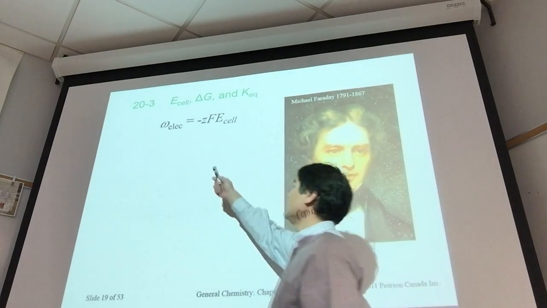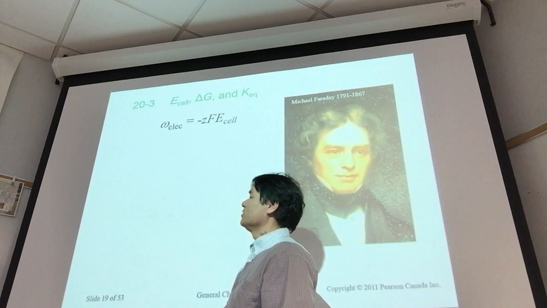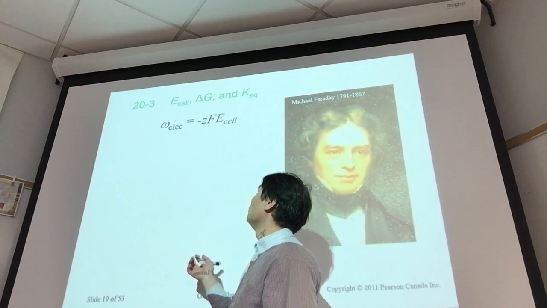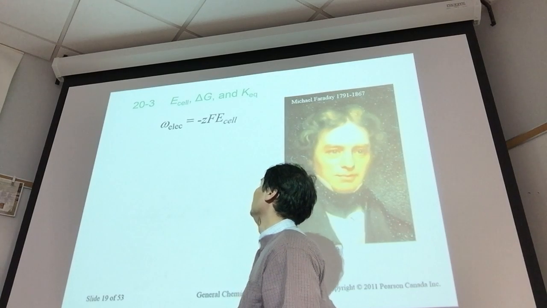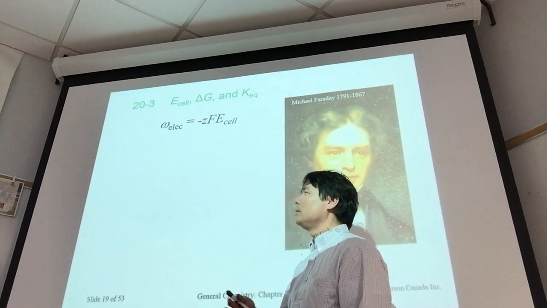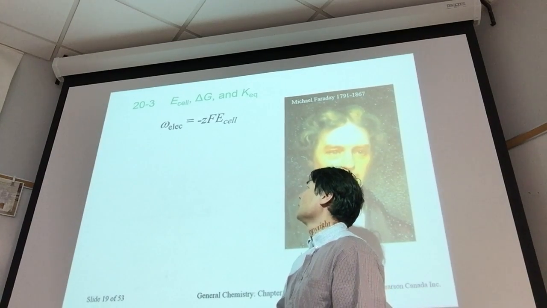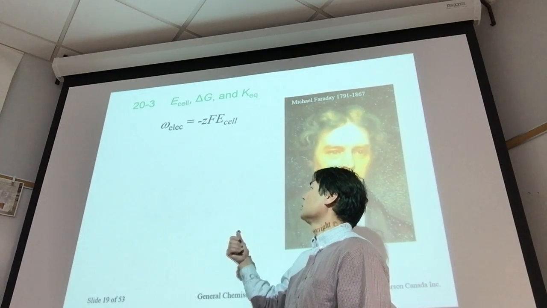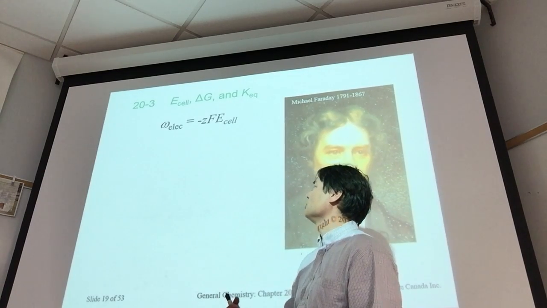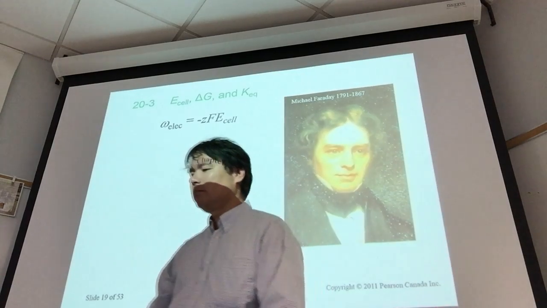This would be the equation for electrical work, where Z is the number of moles of electrons you have, F is the charge per mole, called the Faraday, and so Z times F gives you the amount of Coulombic charge. In other words, it's proportional to the number of electrons. And so the amount of work depends on how much charge, or how many charge carriers, you want to push through there. That's where we get this equation from.